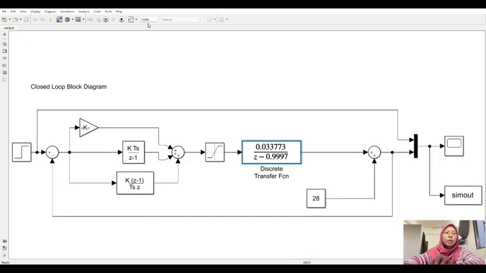So we need to open the scope. Okay, this one is our response. So we could get this.